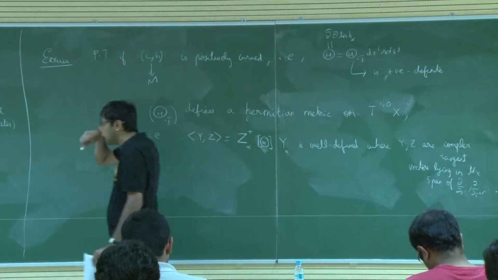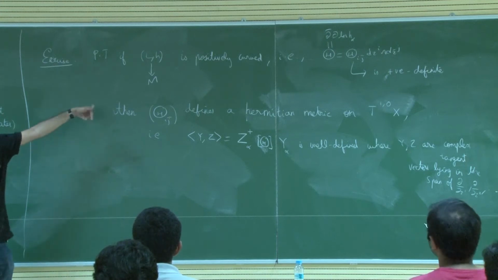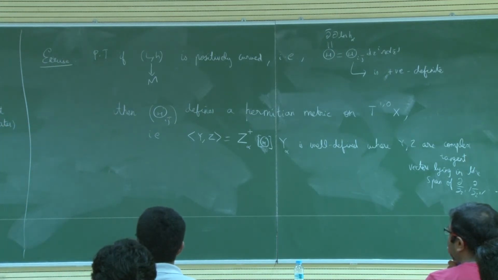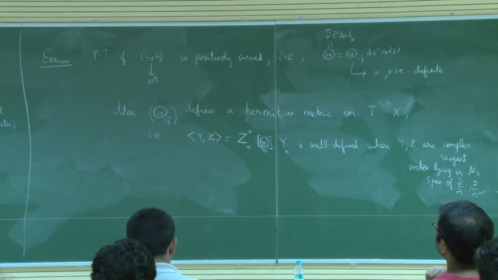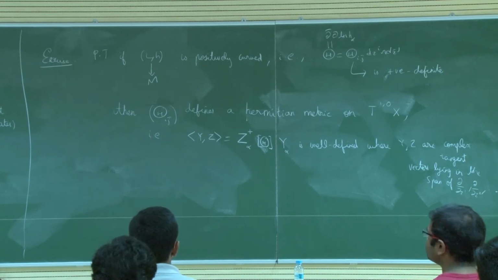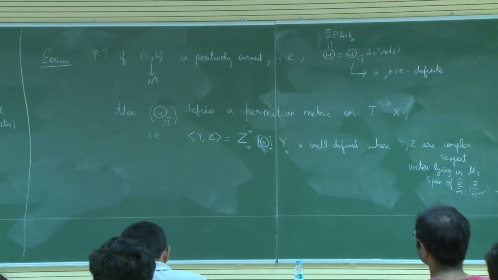What this is saying is, what does it mean to have a metric on the tangent bundle? It means that you can measure the lengths of tangent vectors. My point is that this particular thing is giving you a positive definite matrix of the correct size, an n cross n matrix. So naively you can think that maybe this can function as a metric on the tangent bundle, and indeed that is correct.